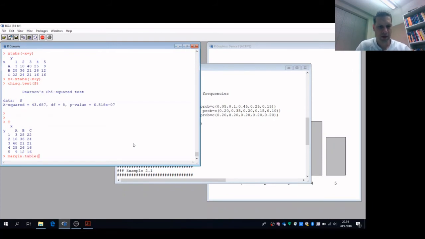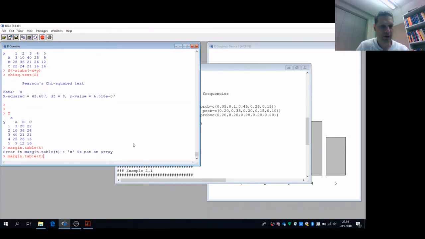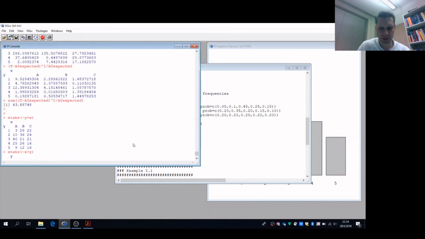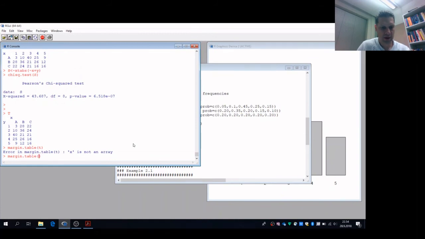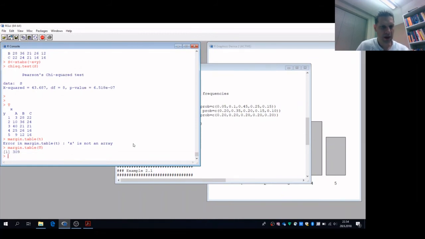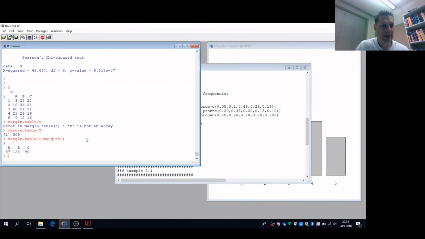Margin table for T, and you need to give a margin there. If we put here the margin, for example, 2, then it calculates the total frequencies in these categories of x.